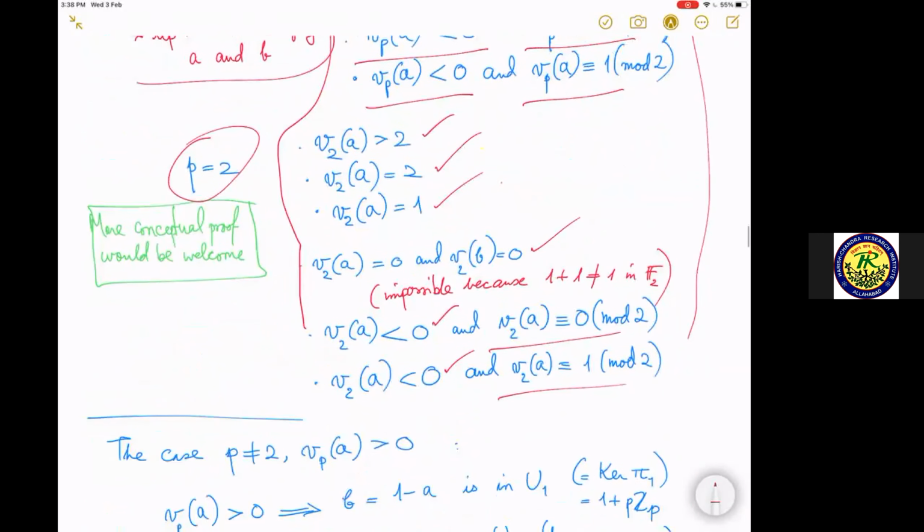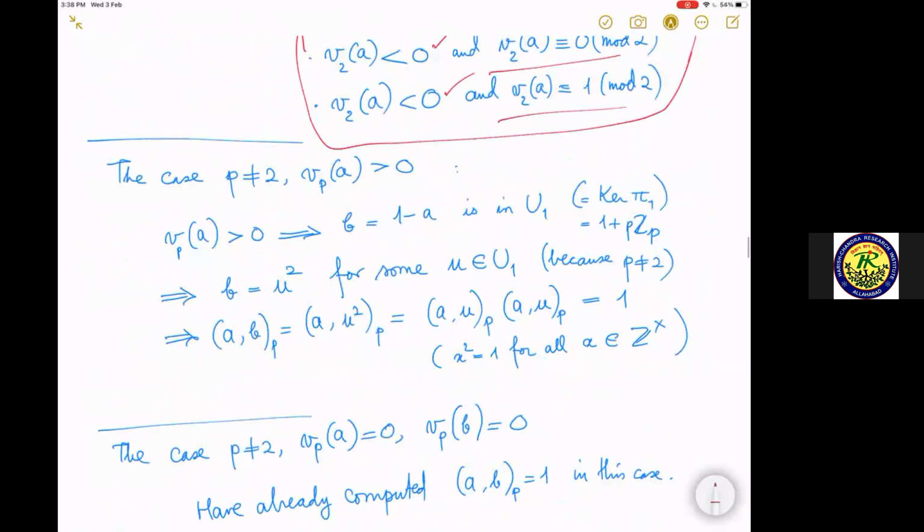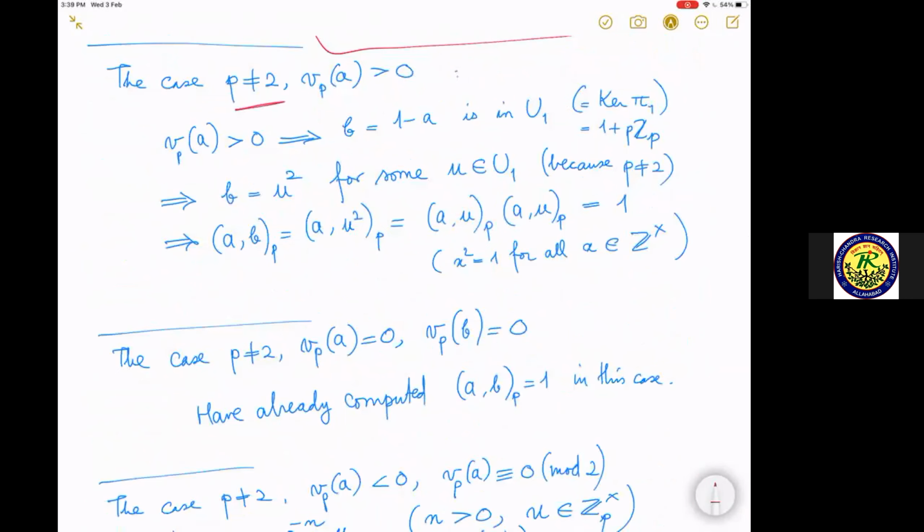So let's start. Let's first consider the case when p is odd and v_p(A) is strictly positive. What does that imply? That implies that B, which is by definition 1 minus A, because we are considering the case A plus B equal to 1, is a 1-unit.